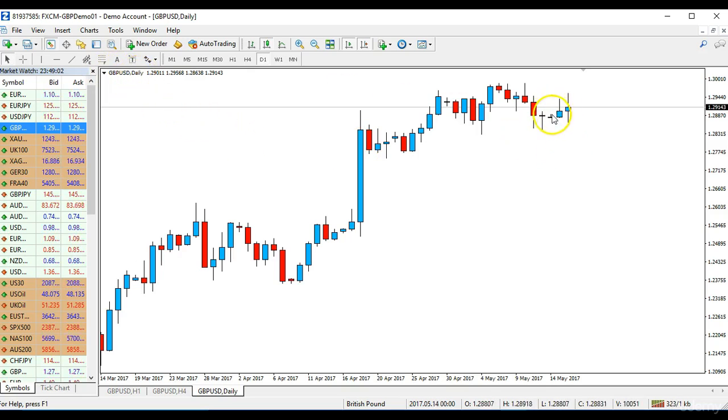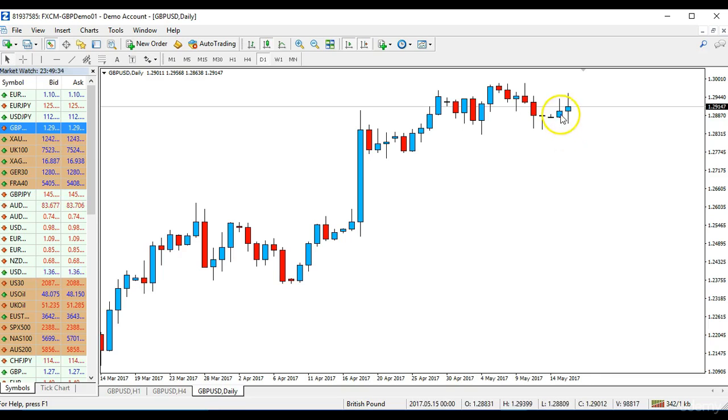If you just move the mouse here and touch the top of the candle where it closes, it will give you the open, which you can see was 1.2883, the high, which was 1.2939, the low, which was 1.2880, and the close, which was 1.2901.